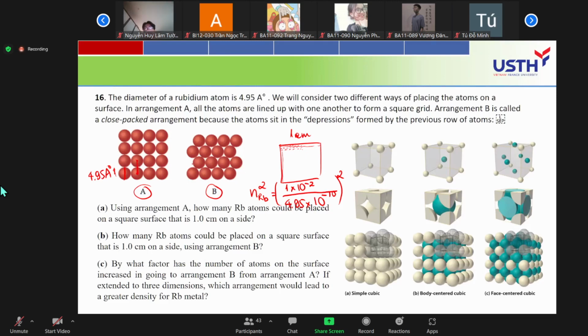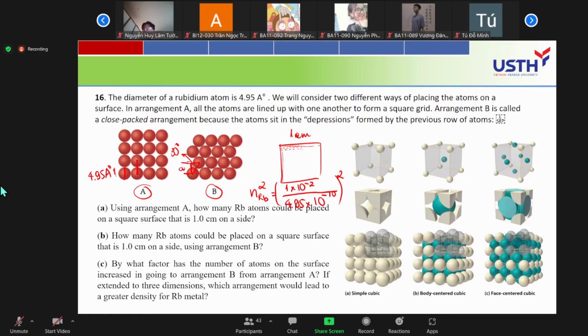But in this case, the distance between two layers of atoms will be shorter than the diameter of one rubidium atom. We can see the angle here is theta. Very simple to see that, right? So you will have the value of A.